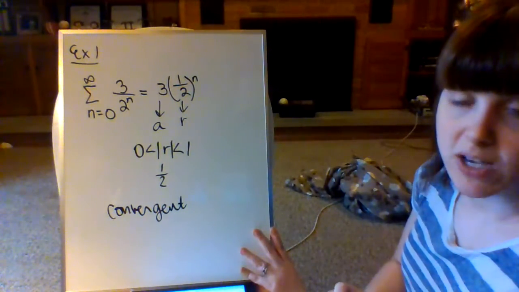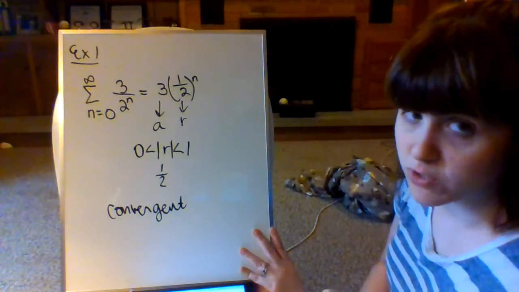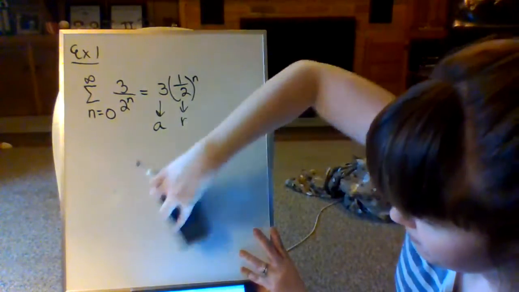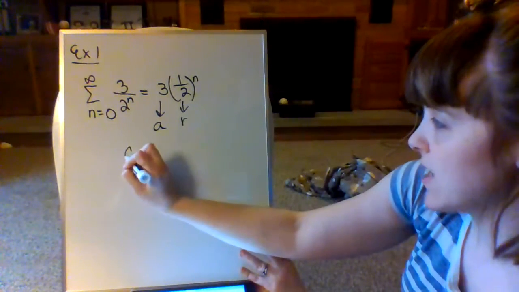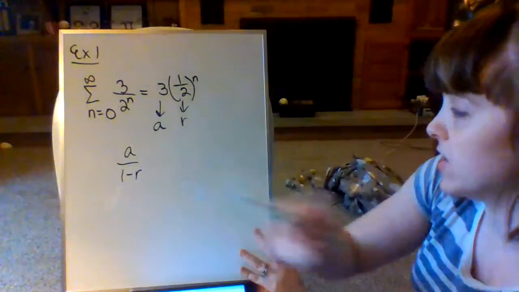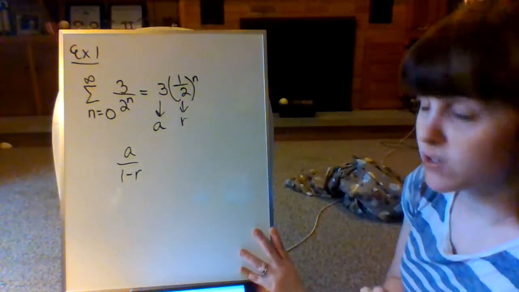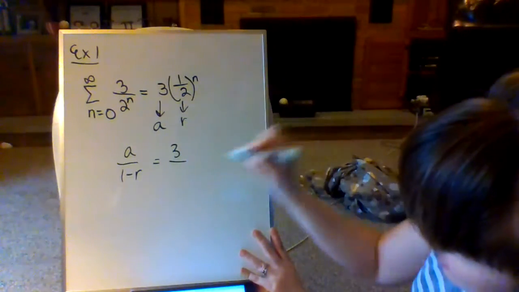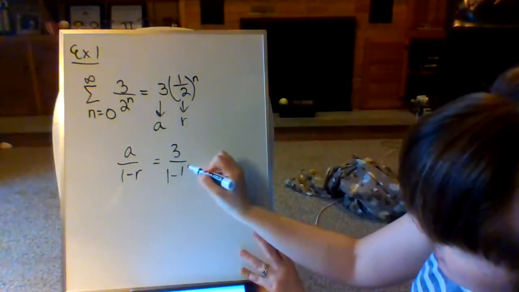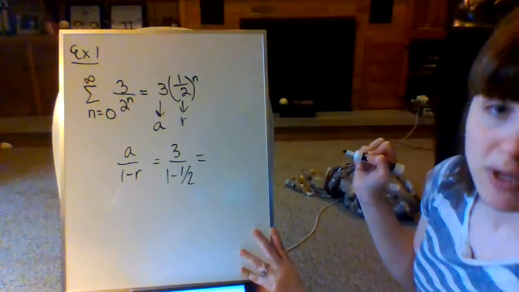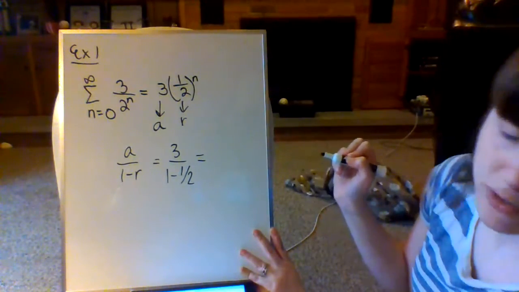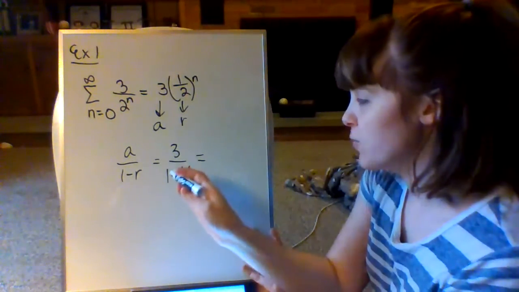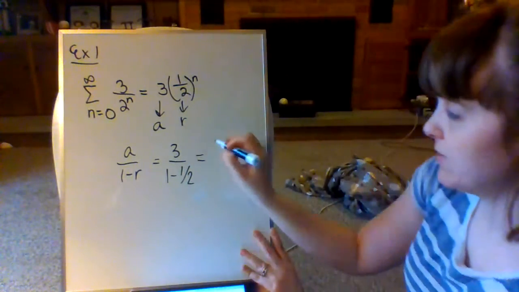Okay, so now we have to decide what it converges to. Do you remember that formula that I said we were going to use? Well, we're going to use a over 1 minus r to figure out what it converges to. So a was 3, and r is 1/2. So 1 minus 1/2 is 1/2.